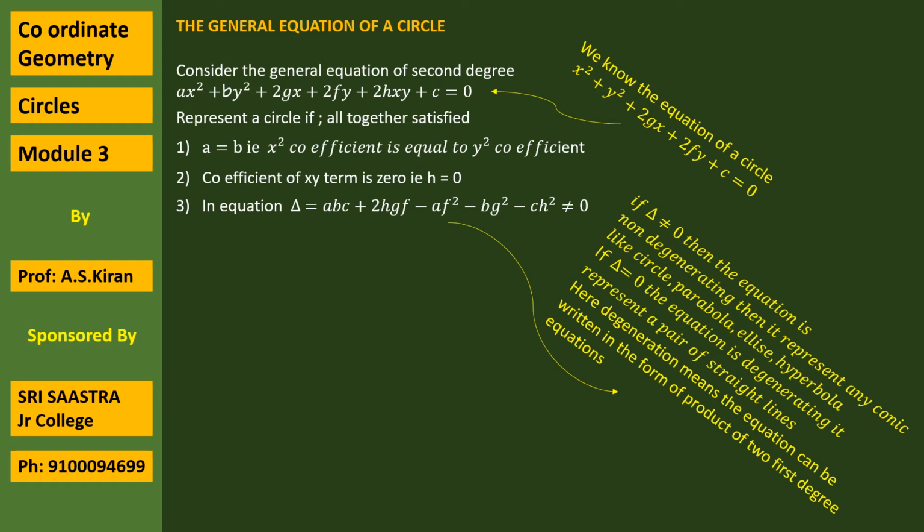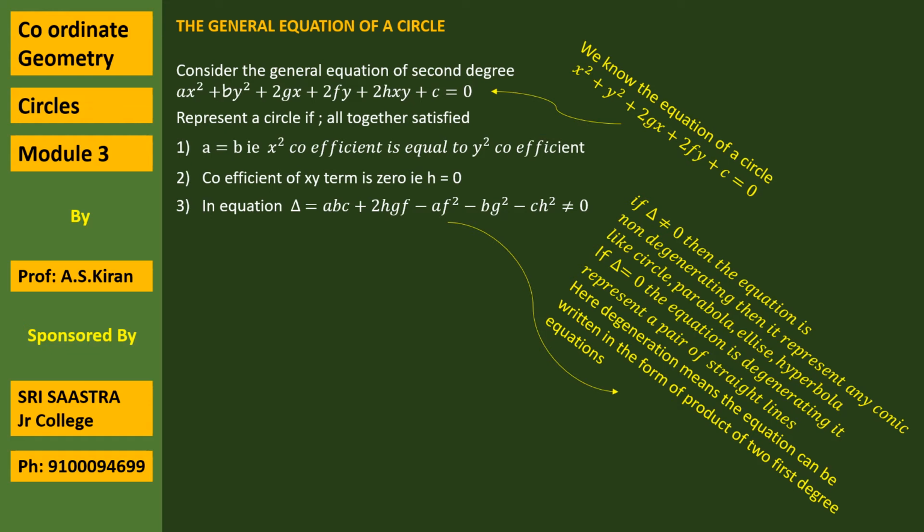Then if the equation is splittable into two first degree equations and can be written in the form of a product of two first degree equations, then obviously it represents a pair of straight lines. In fact, that is the process of degeneration. If delta is not equal to 0, the equation is non-degenerating.